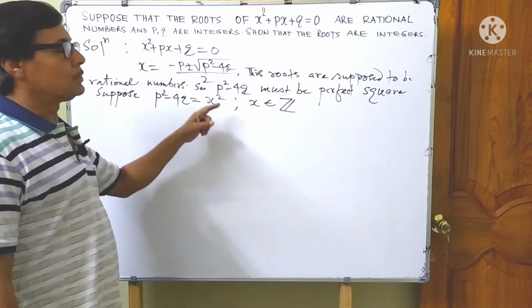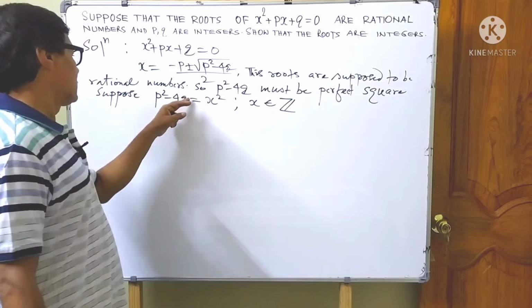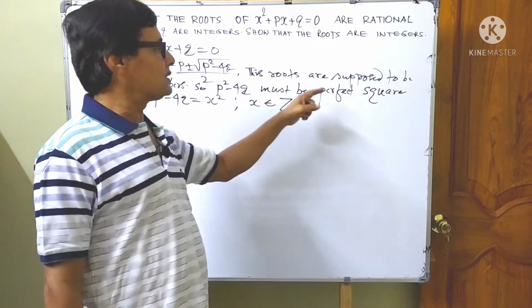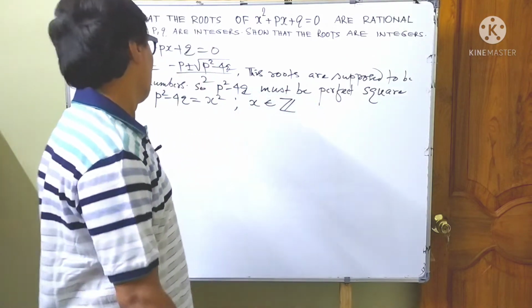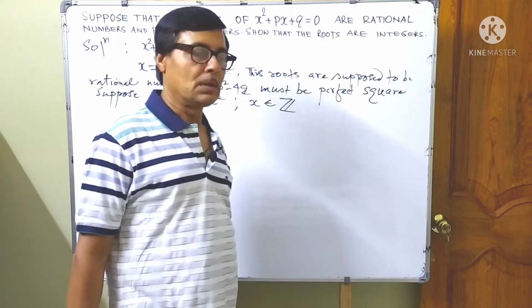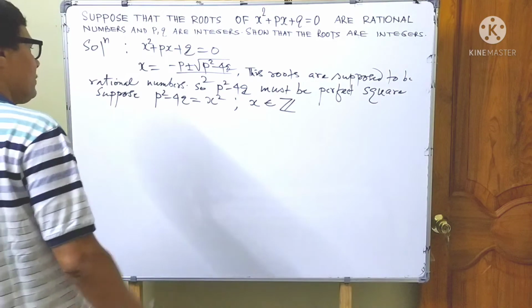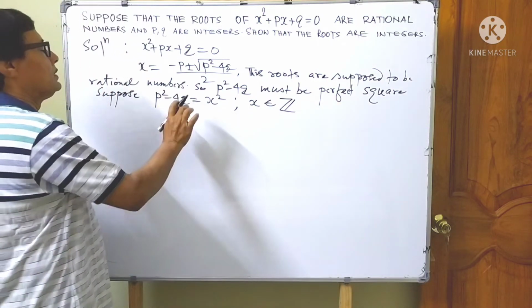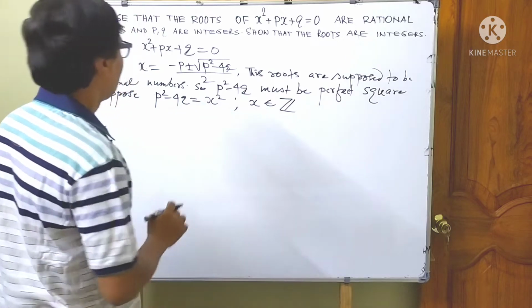So p square minus 4q equal to x square is assumed because p square minus 4q must be a perfect square, as the roots of this equation are supposed to be rational numbers.